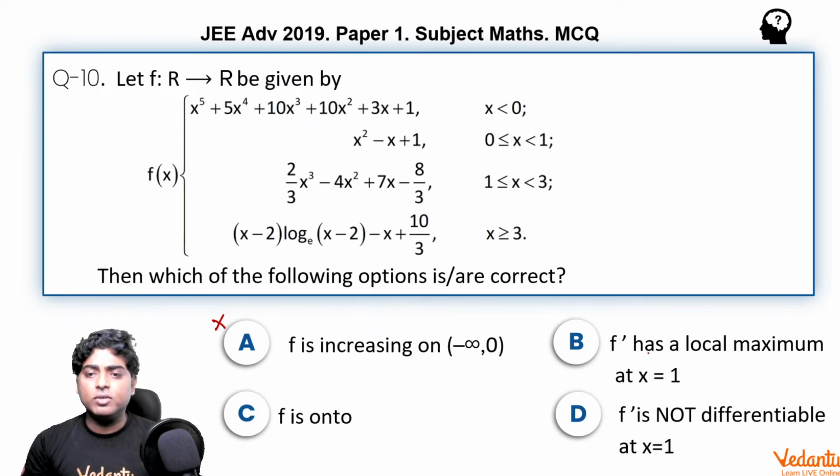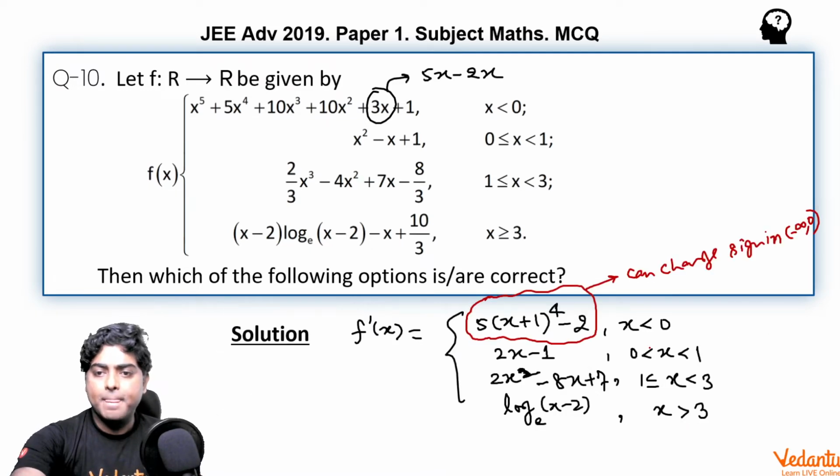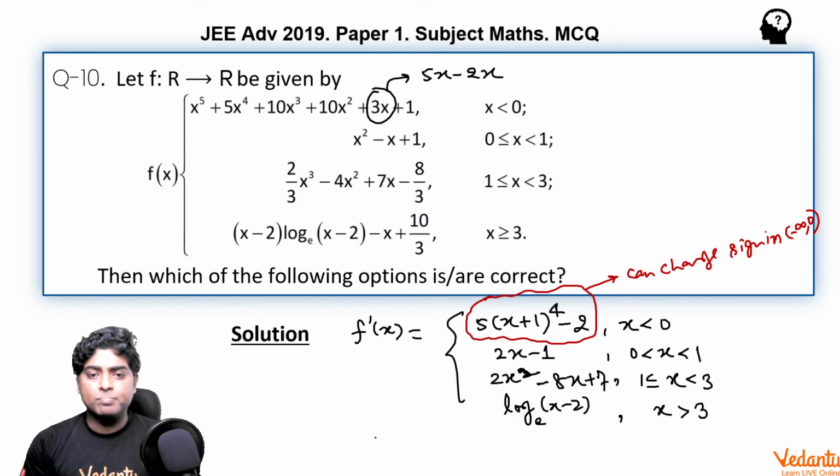Next, f dash has a local maxima, f dash is not differentiable at x equal to 1. So let's see. f is differentiable at x equal to 1. But when you find f double dash, f double dash at 1 minus would be 2.